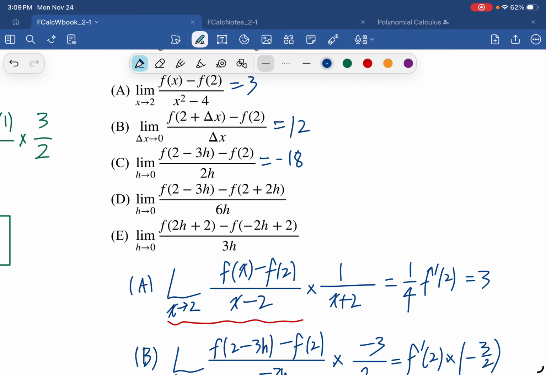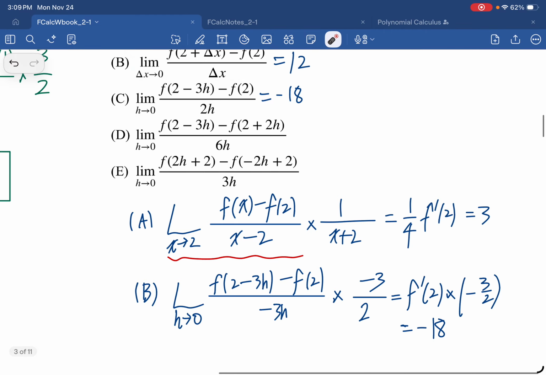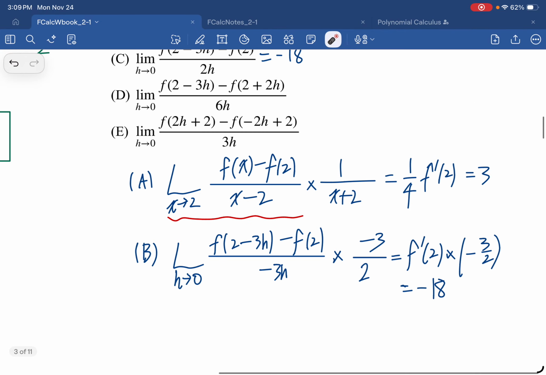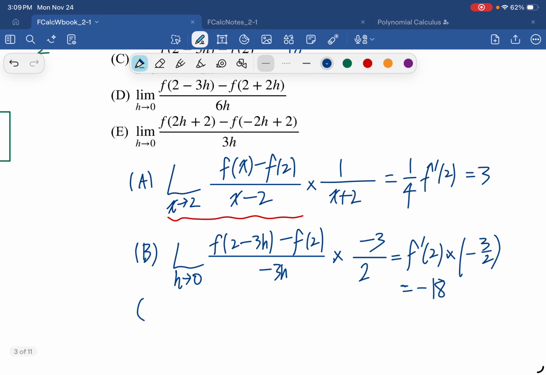Okay. Now D, it looks more complicated, but remember the underlying thing that we want is the same, right? We want to compare the change in the input of the function. So 2 minus 3h minus 2 plus 2h, don't forget the bracket, is going to be negative 5h, right? So we want negative 5h in the denominator. So I'm going to write it like that, and then we can change the coefficients later on.